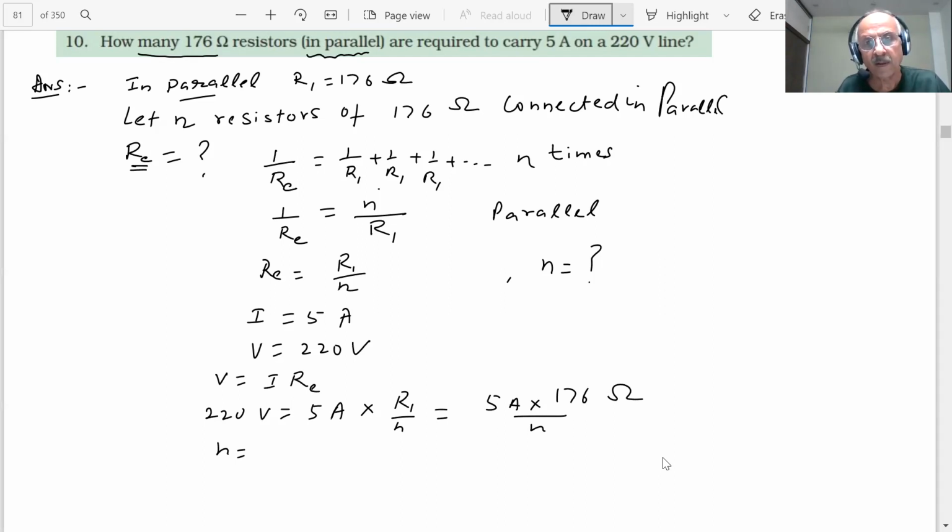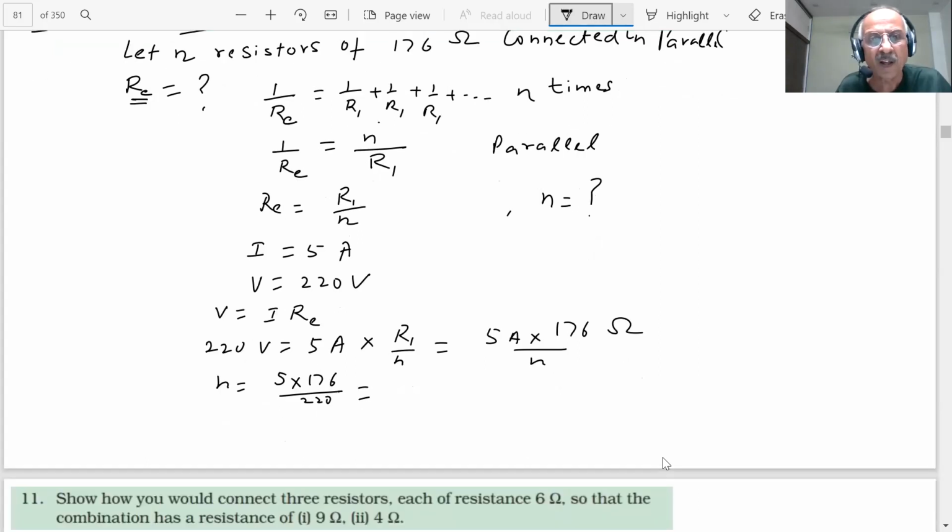Sir, n will be 4. 5 into 176 divided by 220, students. 5 fours are 20, 4 elevens are 44.